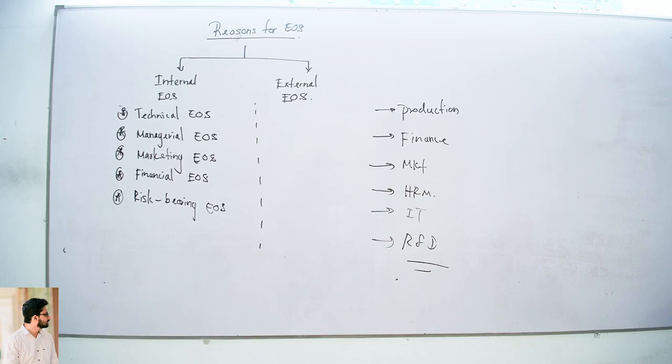Then how does this small shopkeeper manage these main functions of the business? Production, finance, marketing, HR, IT, and research and development. Forget the IT and research and development. How does a small scale producer manage production, finance, marketing, and HRM?